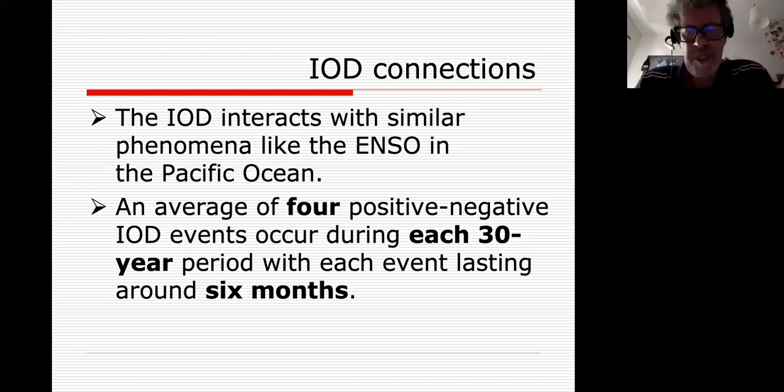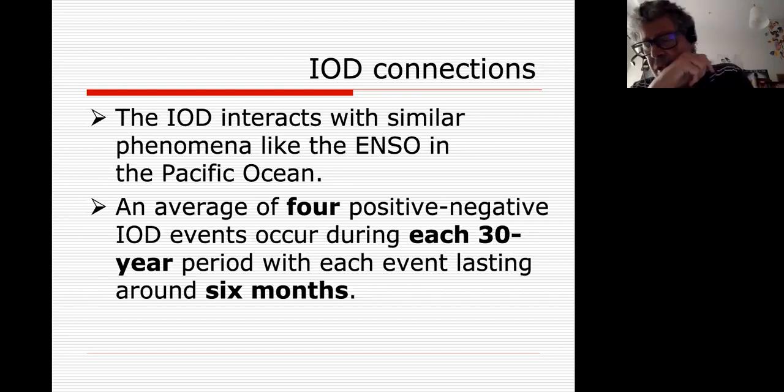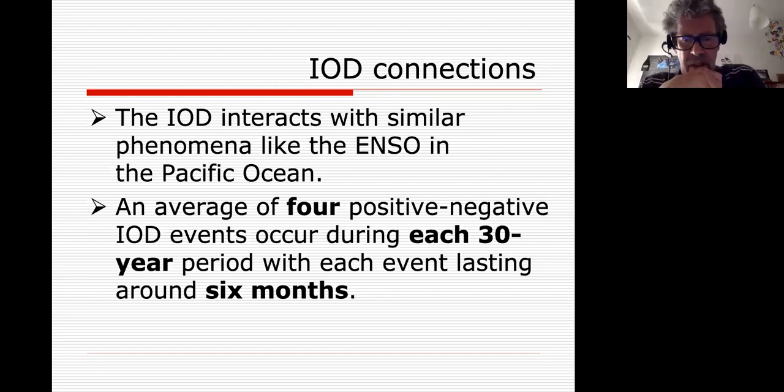Being a regional pattern, to some extent this involves a very vast area. It's quite obvious that the IOD interacts with similar phenomena like ENSO in the Pacific Ocean, and we will see later that this connection has been proposed to explain some patterns of the IOD event of 2019.